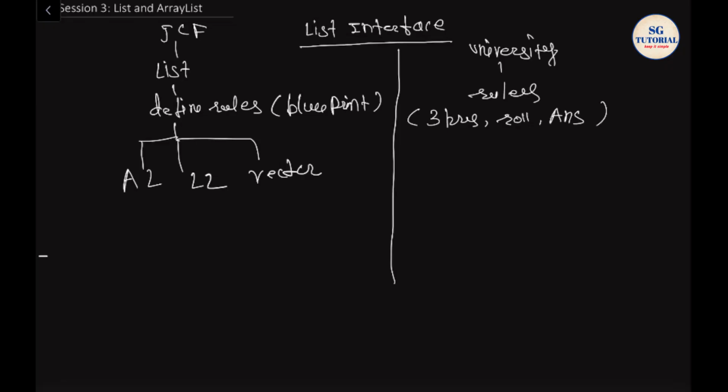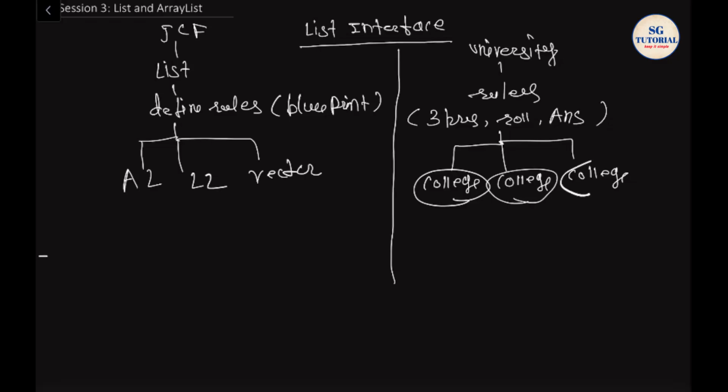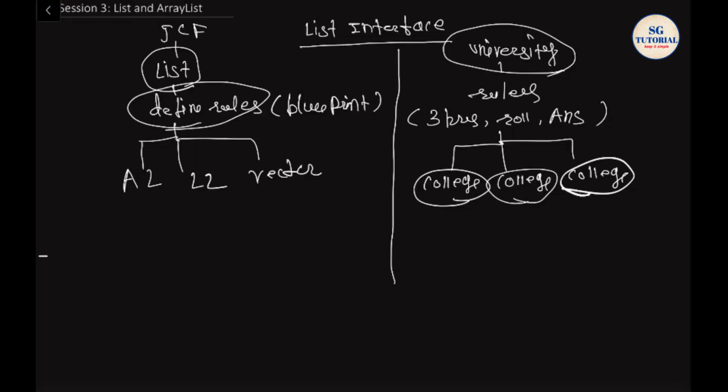So different colleges conduct the exam, but every college must follow the same rules that the university provides, right? Similarly, the list interface defines some set of rules and methods that its implementing classes like array list, linked list, vector must follow. Okay, and don't worry, I will provide notes on it, so only focus on understanding the concept.